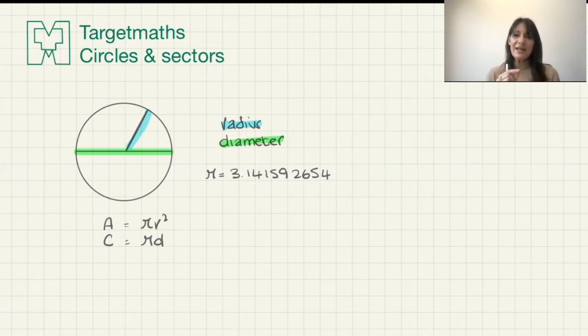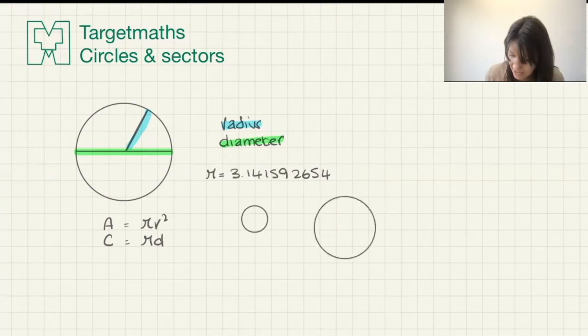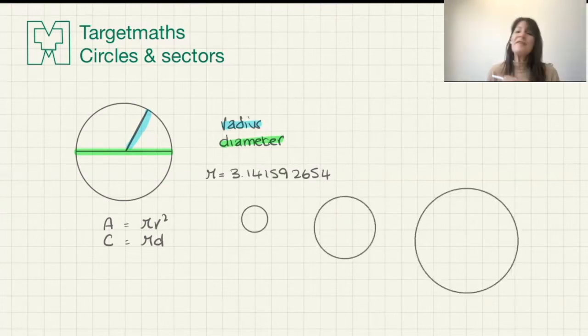I want to just give you a little bit about why this number is so important, kind of how it's connected to circles. I'm not going to go into a deep investigation. I just want to give you enough background to appreciate why it's even there in our formulas, okay? So if we take a look at circles, every single circle, be it small, be it larger or bigger still, every single circle has a circumference, okay?